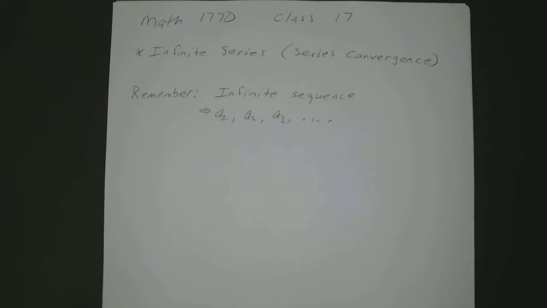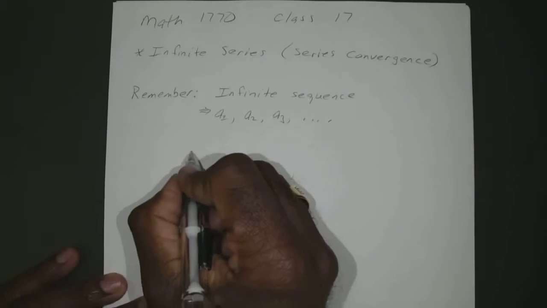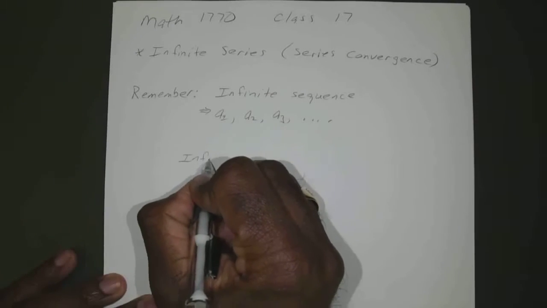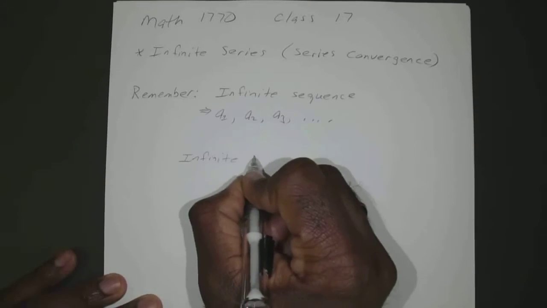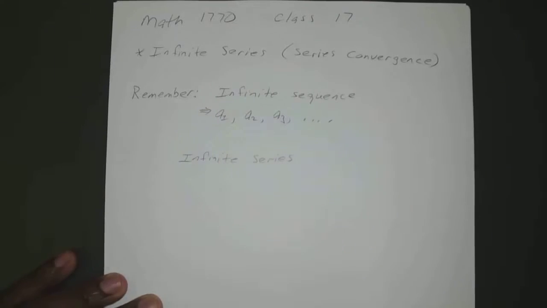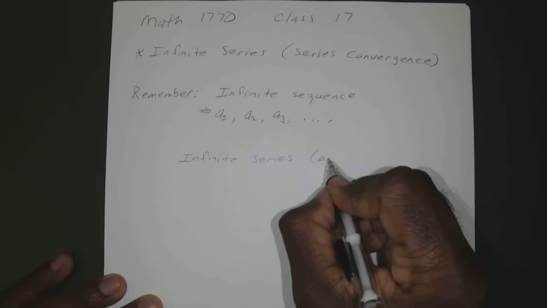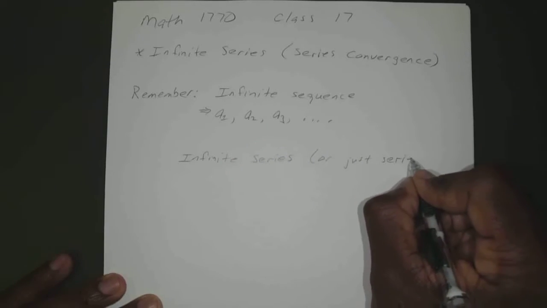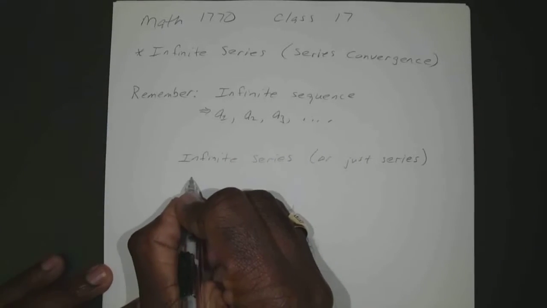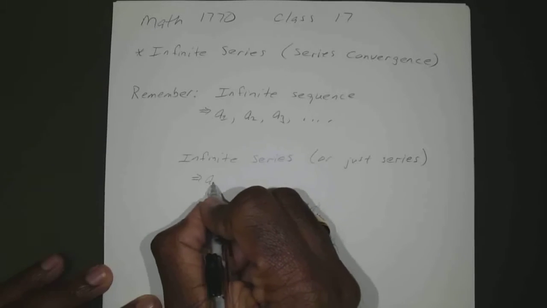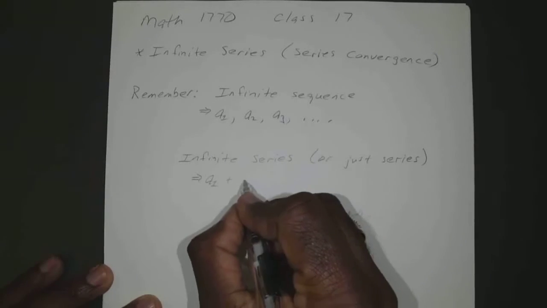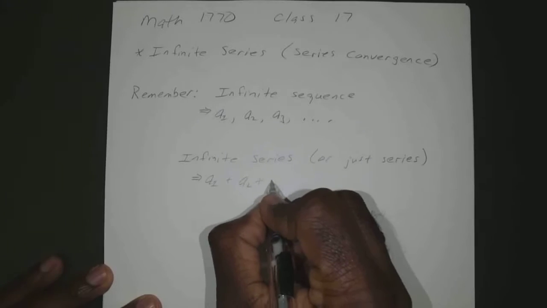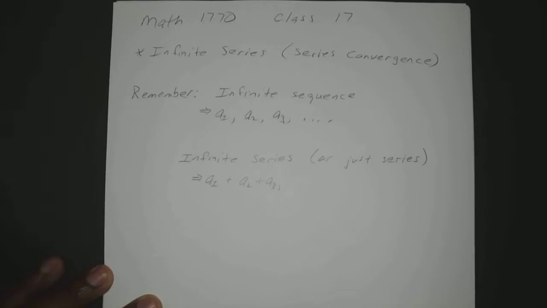Now, infinite series, instead of having the separate terms, you're just adding them all together. Or just series. You don't really hear the term infinite series a whole lot. That's just the first term plus the second term plus the third term.